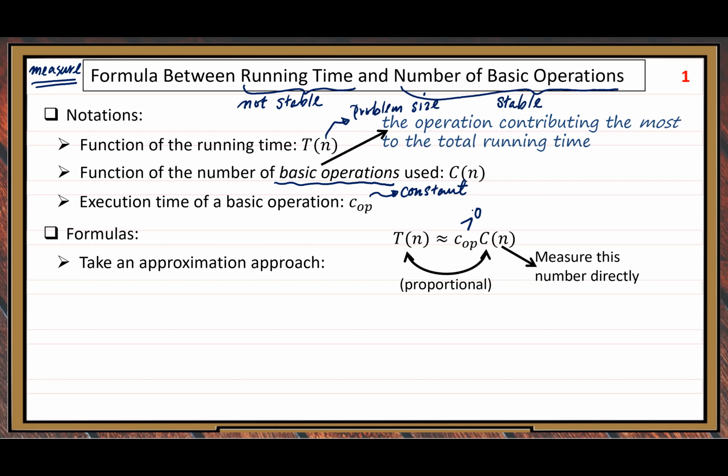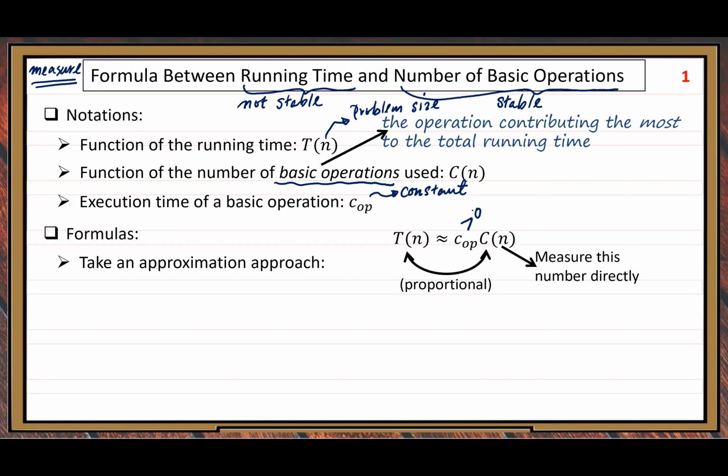The good thing about C of n is that we just count the number of basic operations directly. Most of the time, that's very convenient. We do not need to clock anything. We do the counting.